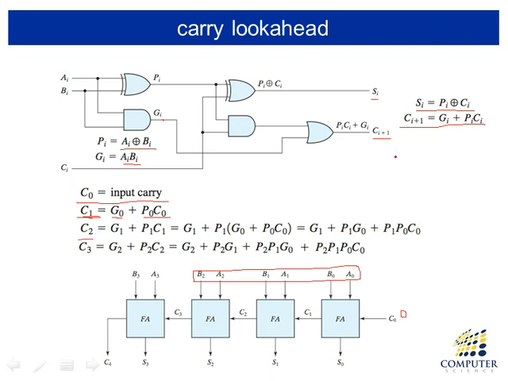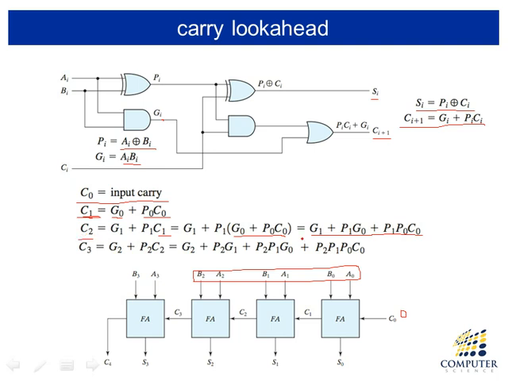In terms of C2, from the general expression, C2 is defined as G1 or P1 and C1. And C1 is a carry from the rightmost position, which means this position should wait until that position is done. So we try to eliminate that dependency. C1 is derived as follows in the previous step. So we substitute that one, then we get this equation, and here is the expression for C2.